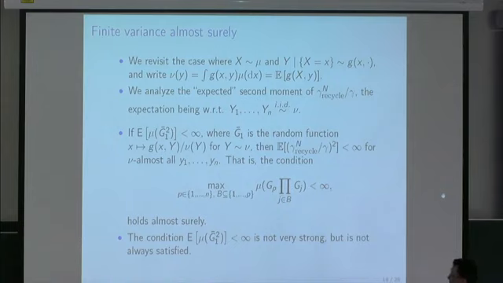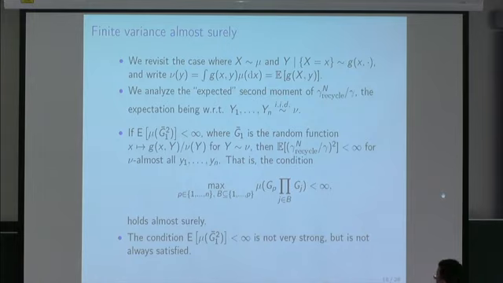If we define this expectation of the second moment with respect to y, the random variable associated with the data, then we will assume that this expected second moment is finite, which is actually not a very strong assumption, but it's not always satisfied.